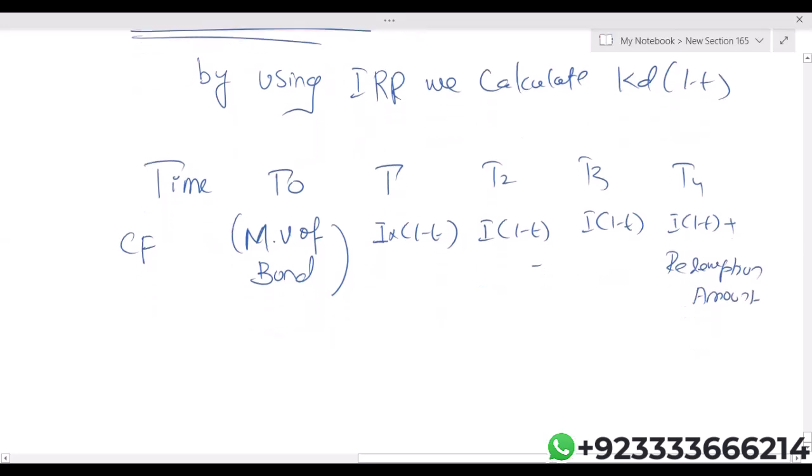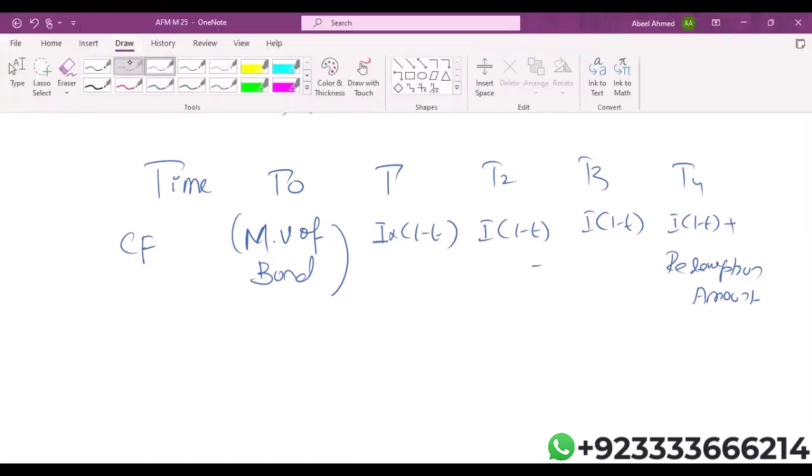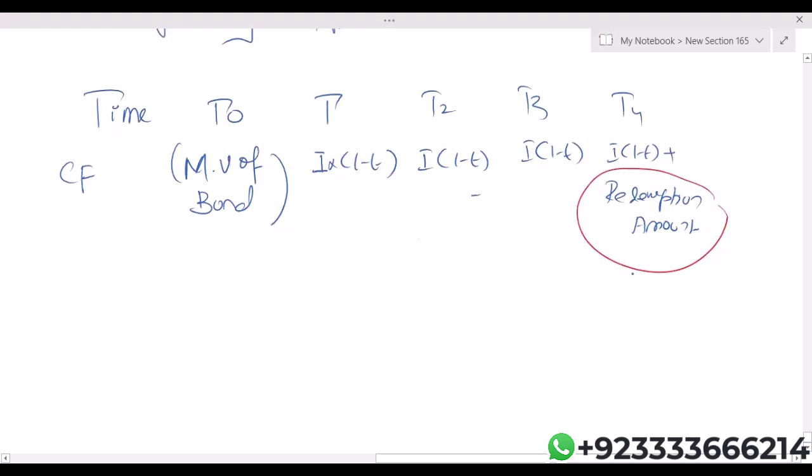Plus the redemption amount. Now listen. When we say redemption amount, never forget one thing. For this redemption amount, I always say RTQ: read the question carefully. Now you might be thinking, sir, why have you not taken the C? Oh, it's okay. RTQ is okay.